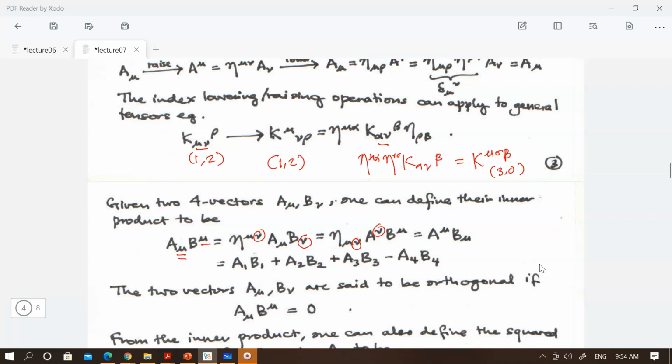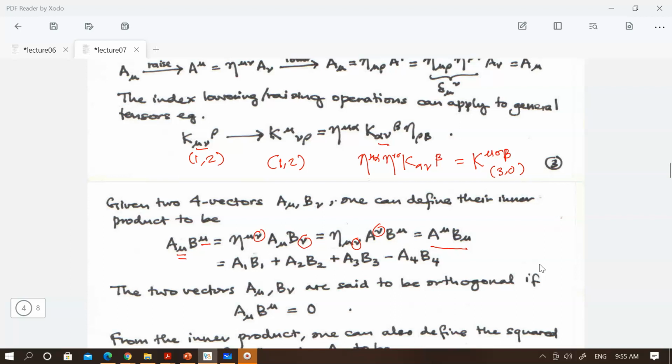Okay, it means the same thing. So you get the same thing, or you can also conclude that this a mu b mu is the same as this a mu b mu here. It says the same thing. Okay, and when we write out the summation involved, it actually gives you a1b1 plus a2b2 plus a3b3 minus a4b4, by virtue of using either the inverse metric or the metric itself.